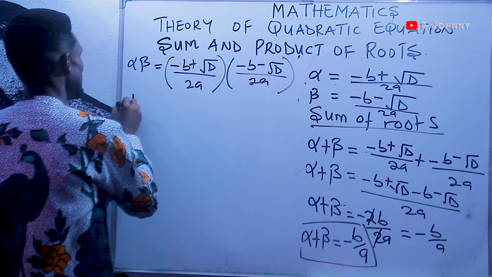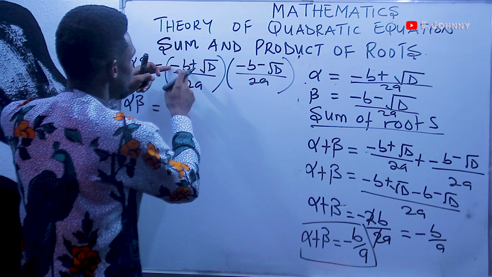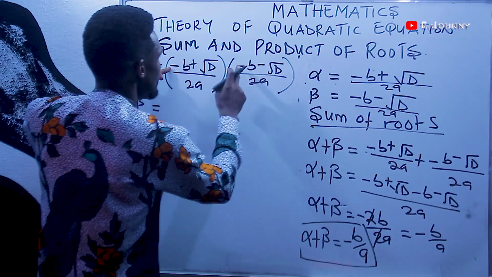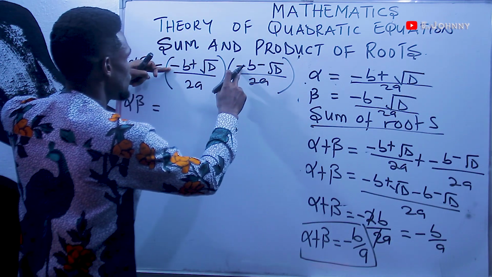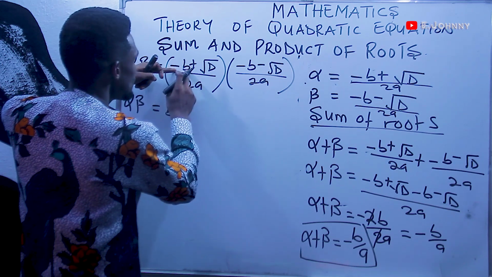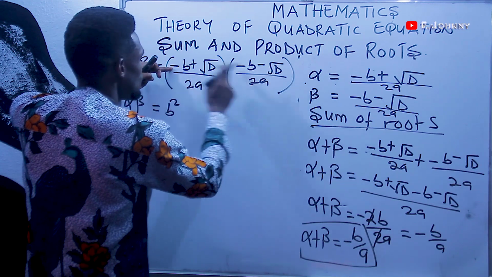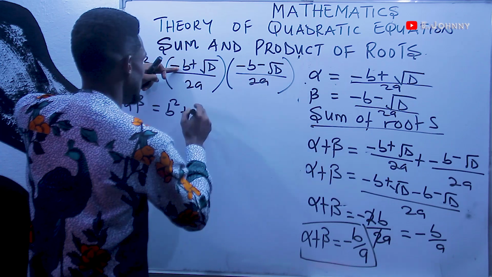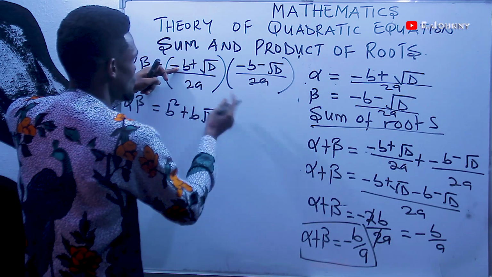Now, this means that alpha beta is minus b times minus b. Minus times minus is plus, b times b, b squared. Minus b times minus root D. Minus minus is plus. B times root D is b root D. Finish, we move to the next one.